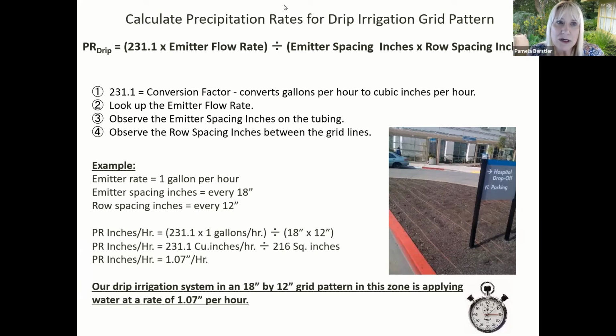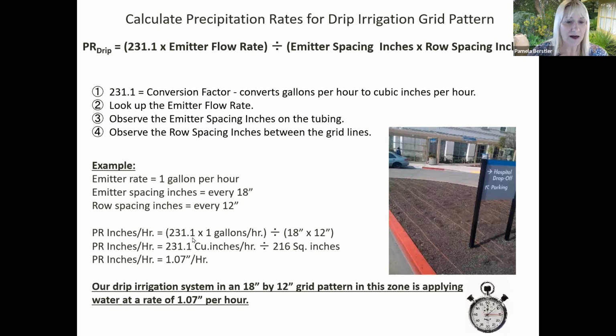So make sure in this case that you are not just multiplying and dividing across the row, which we often do. In this case, go ahead and calculate what's inside of the parentheses. So 231.1 times that emitter flow rate, and then divide that by the emitter spacing times row spacing.